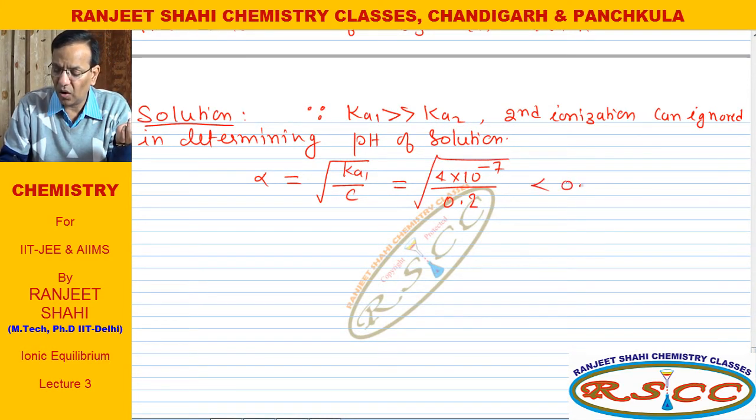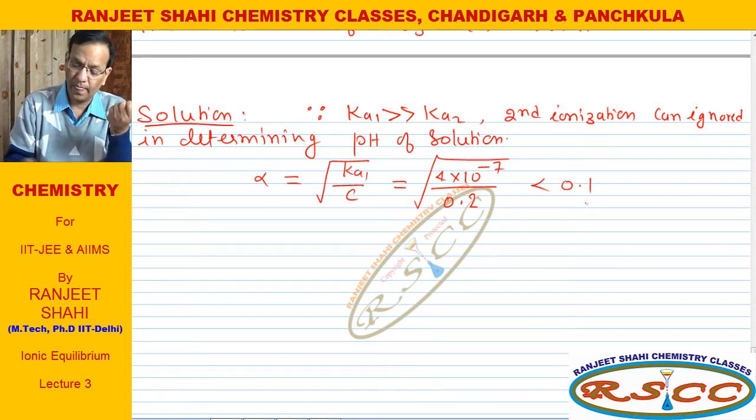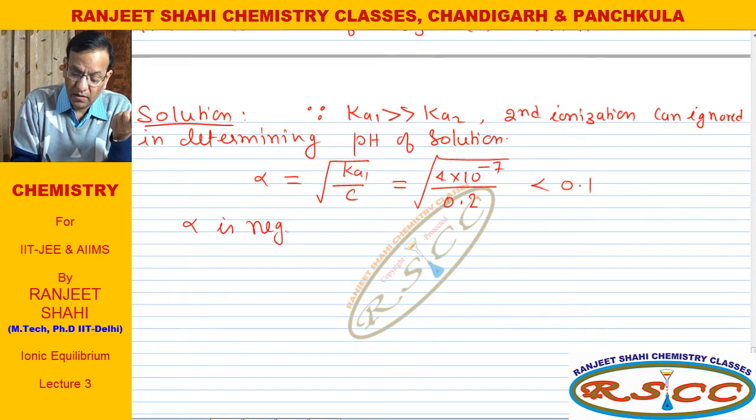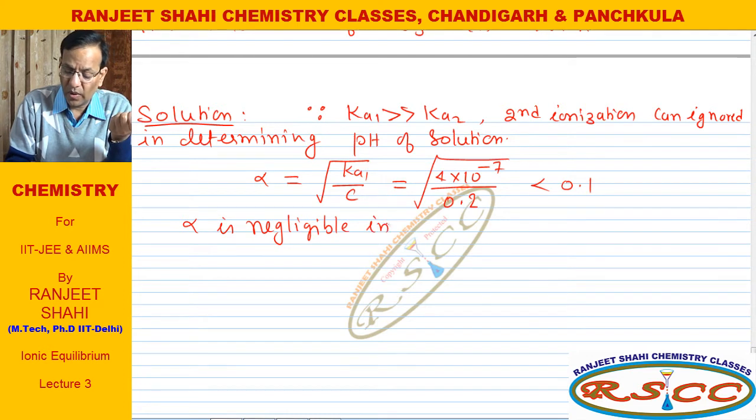So it is obvious that the value of alpha is less than 0.1. So alpha is negligible in comparison to 1.